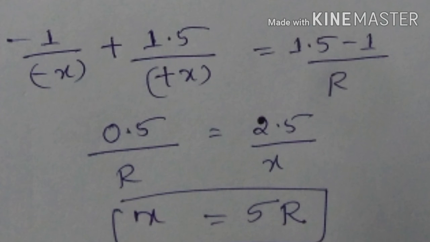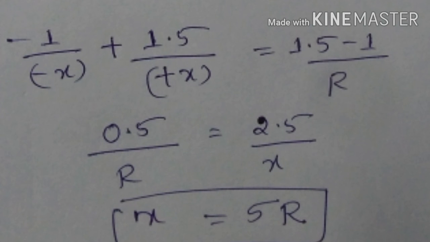If you take both U and V as x and x, you end up getting the wrong answer. So, the sign convention is equally important while solving problems in optics. If you are clear with drawing the ray diagram, then half of the problem is done there itself.